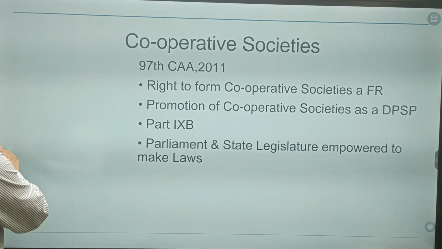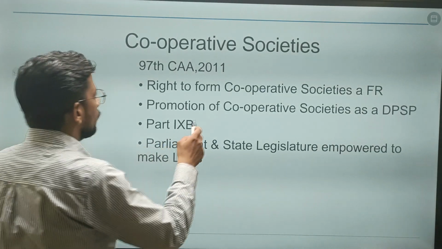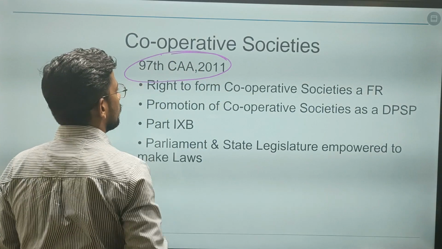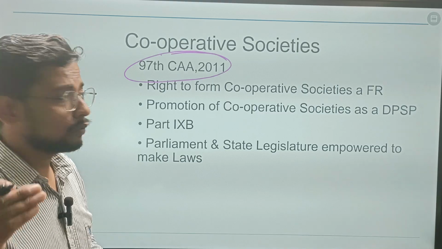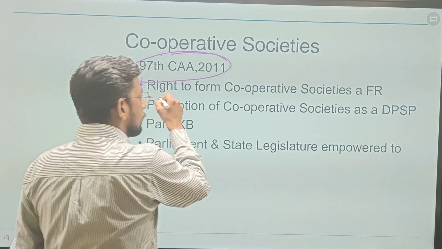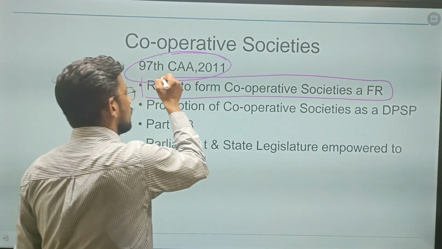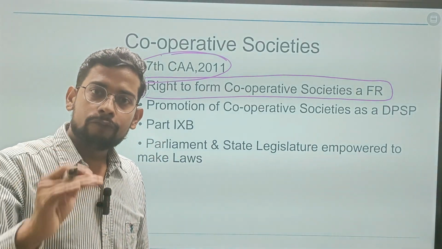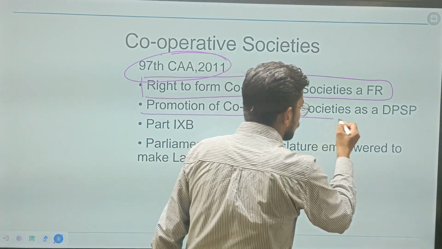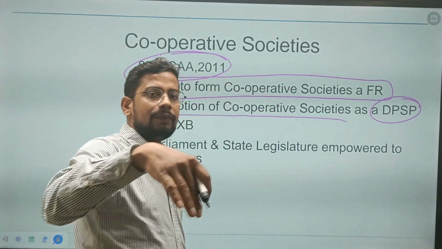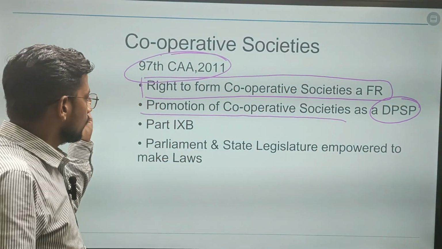Then cooperative bodies. In 2011, the government brought the 97th Constitutional Amendment Act 2011 and made cooperative societies a part of the Indian Constitution. Now every citizen of India has this fundamental right that they can form a cooperative society. Second, promotion of cooperative societies has already been included in our DPSP.